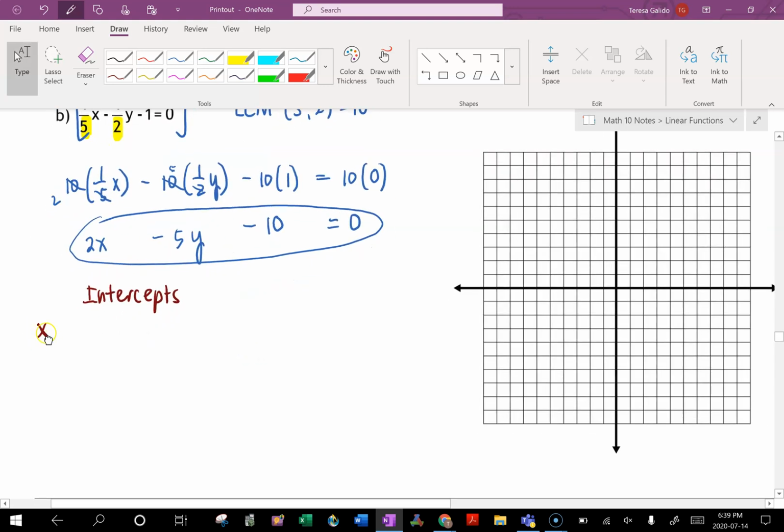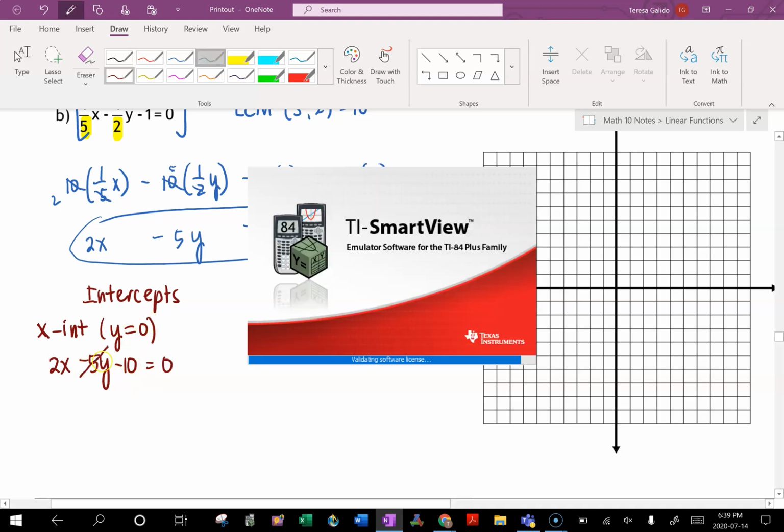First, we can figure out the x-intercept. Our x-intercept happens when y is 0. So let's take our equation: 2x minus 5y minus 10 equal to 0. If we let y equal 0, this whole term is gone.